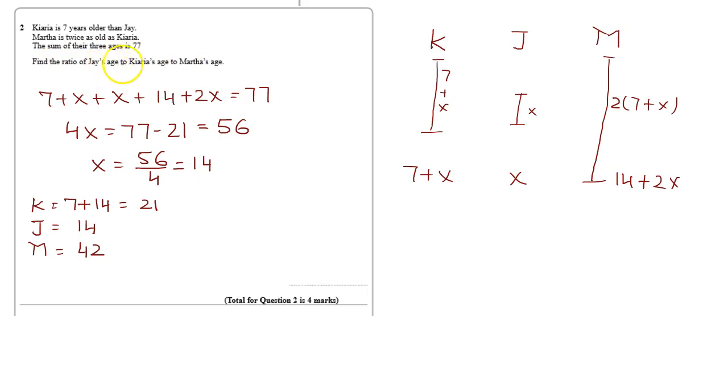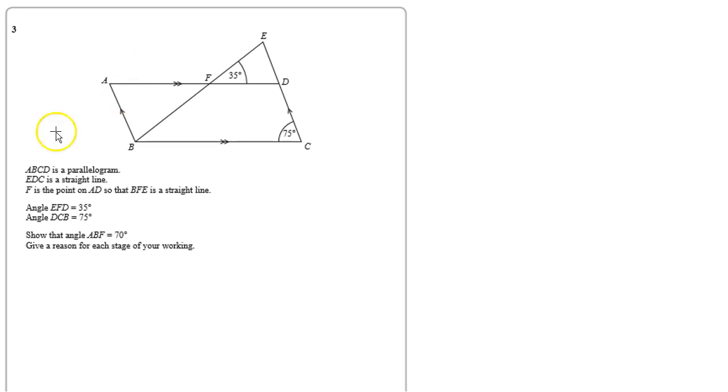Find the ratio of J's age to Carria's age to Martha's. J's age 14 to Carria's age 21 to Martha's age 42. You can write it as 7 times 2 is 14, 7 times 3 is 21, and 7 times 6 is 42. You can write this as the answer.